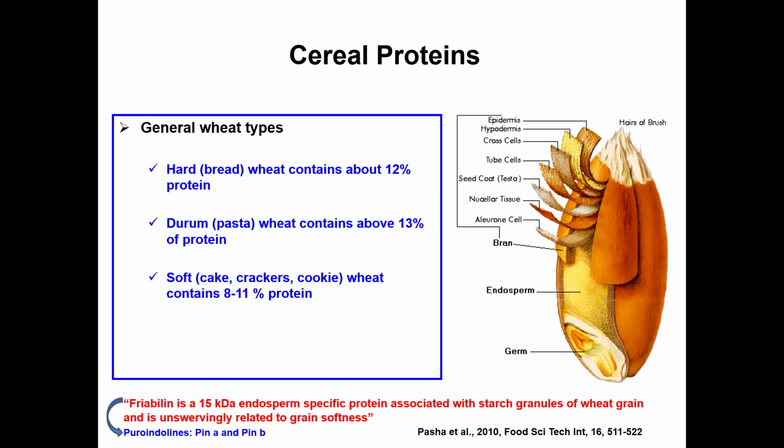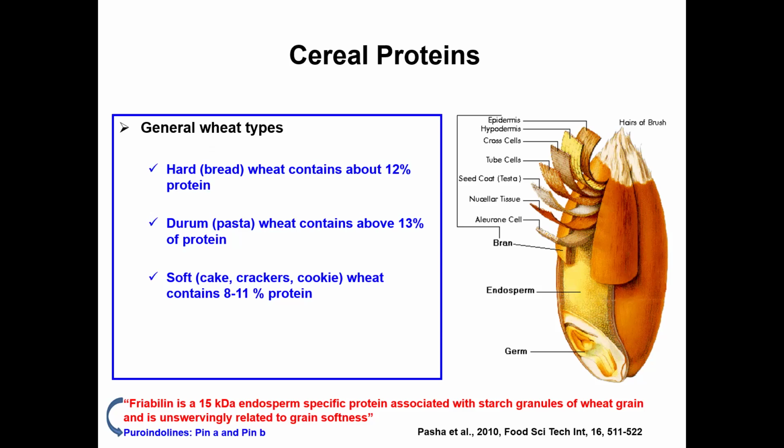That's why it forms more viscous than elastic type of dough. And it's used in cake, crackers, cookies. Also, flatbread. If you have soft wheat mixed with a little bit of hard wheat, gives you very nice pita bread. You don't want elasticity there.